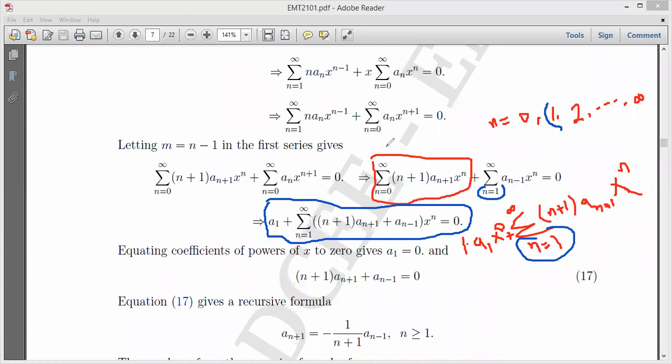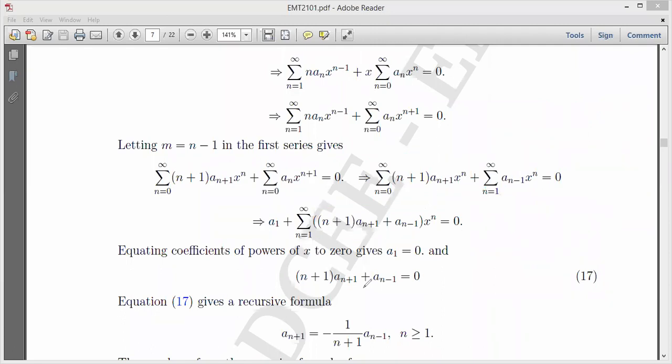Remember, the n's are the same, and the sum, we have the same limits from 1 to infinity. So in that case, we can combine. The sum here is the same as the sum there. You need probably to clear this a little bit. So I am saying we can combine these ones here. Since we have this, it means you consider this one now to be running from 1.